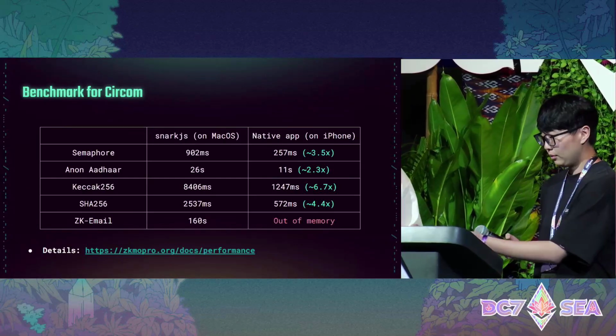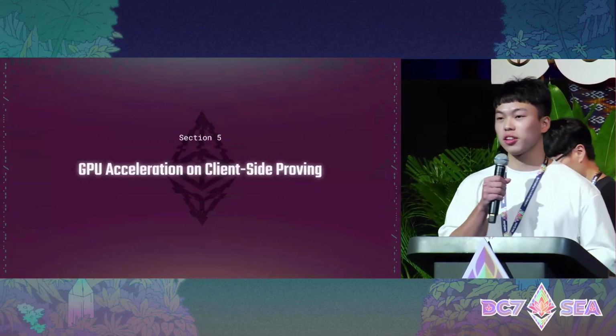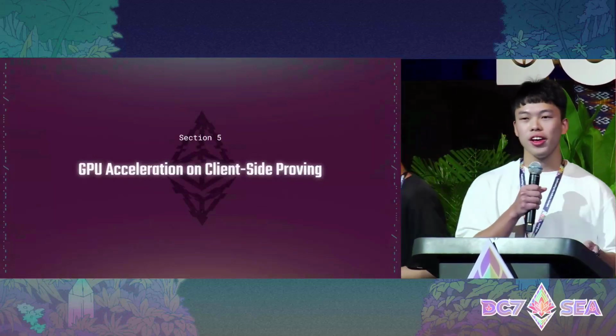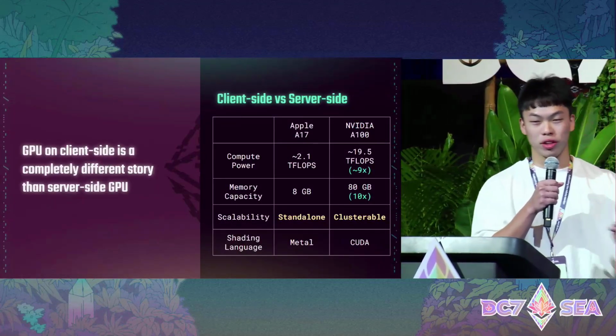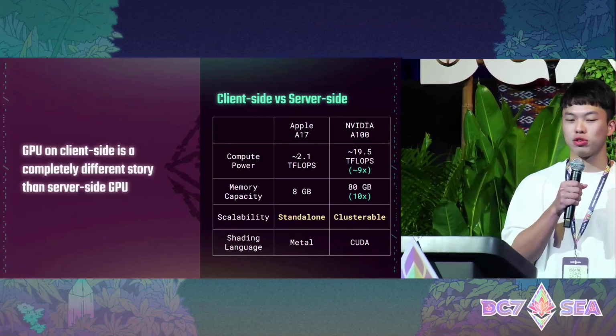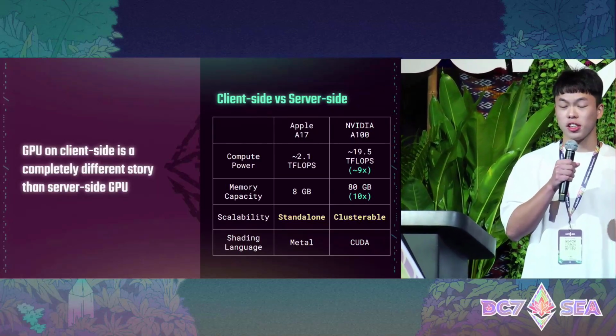Okay, so we've been researching GPU acceleration for client-side proving for a while, and what we found is that client-side proving is a completely different story from server-side GPU. So we want to highlight 2 things. The first is scalability.